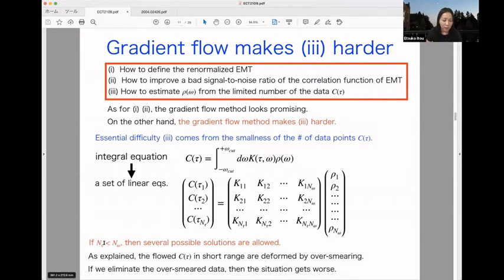According to linear algebra, if N_tau is smaller than N_omega, then several possible solutions are allowed, so we cannot find the unique solution. And as I explained, the flowed correlation function in the short tau region is deformed by the oversmearing. If we eliminate such oversmeared data, then the situation gets worse.